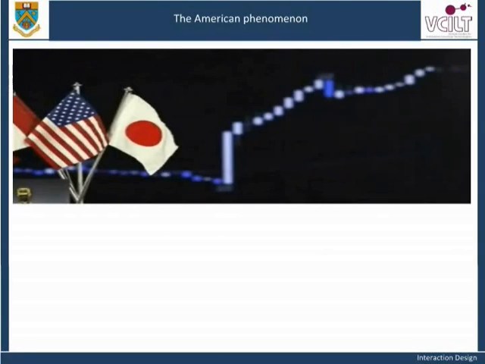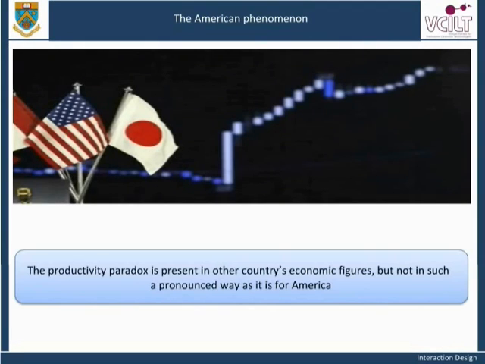It is not really possible to compare the economic figures of America with the rest of the industrialized world in a substantive way. The productivity paradox is present in other countries' economic figures, but not in such a pronounced way as it is for America.